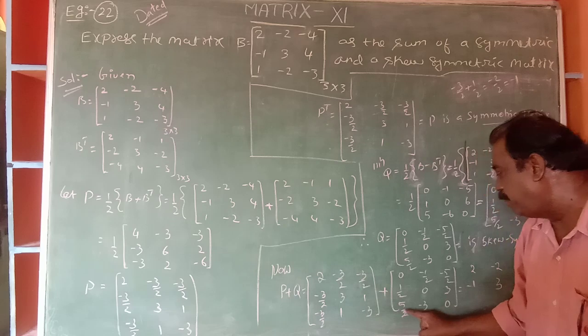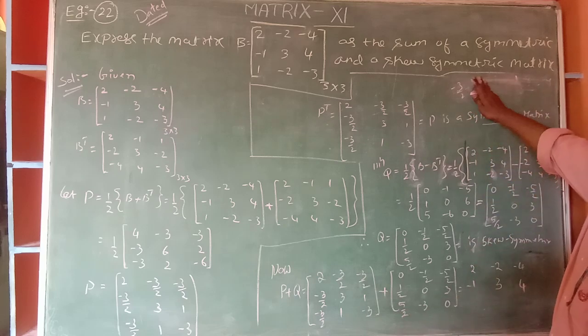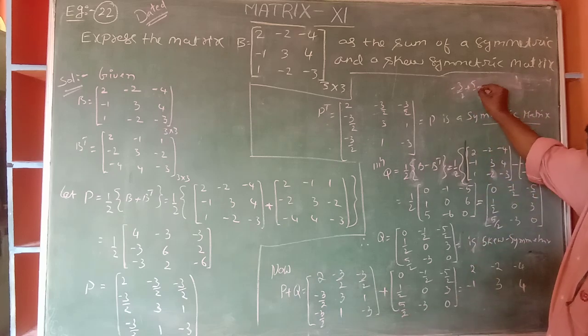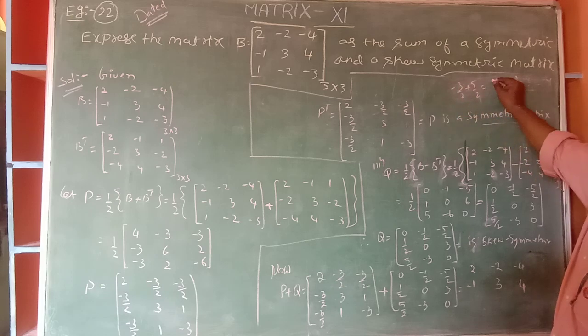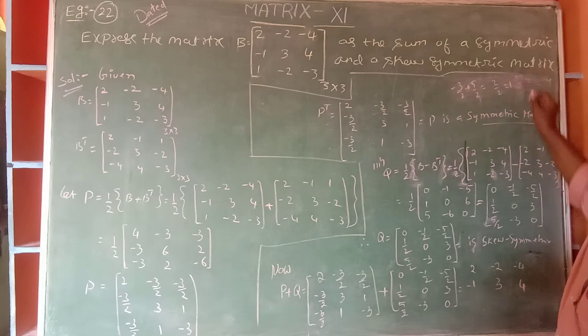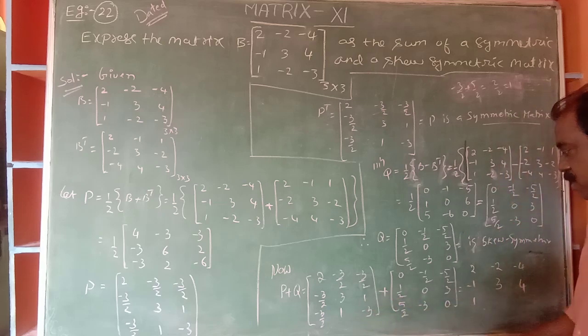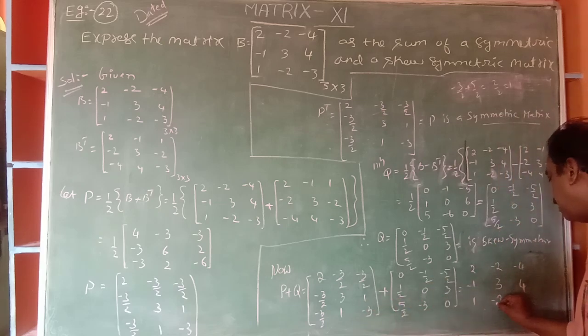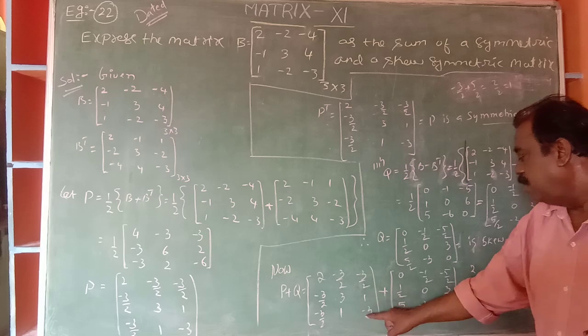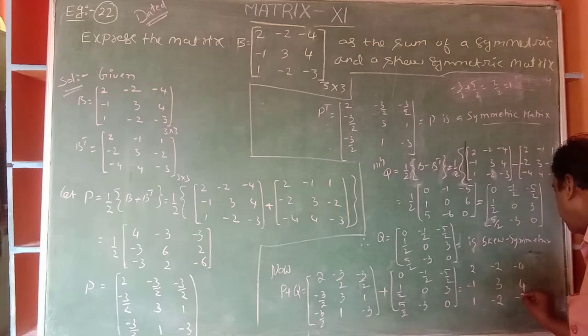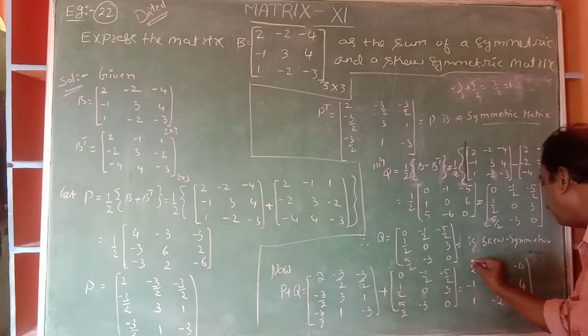Minus 3 by 2 plus 5 by 2, minus 3 plus 5, 2 by 2 is 1. And 1 plus minus 3, 1 minus 3 is minus 2. Minus 3 plus 0 is minus 3.